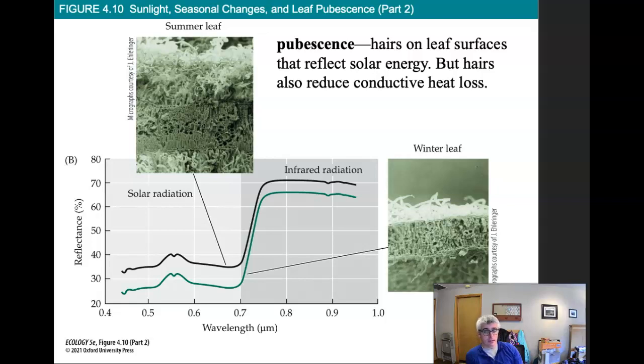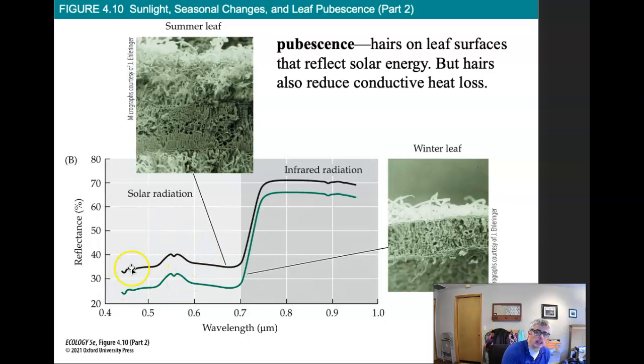One is they're white, so they reflect solar energy, but they also provide a form of insulation. You can think of it almost like fur, where when the wind blows, instead of interacting directly with the leaf, it's being deflected off these pubescent hairs, and it's also helping insulate the leaf as well.